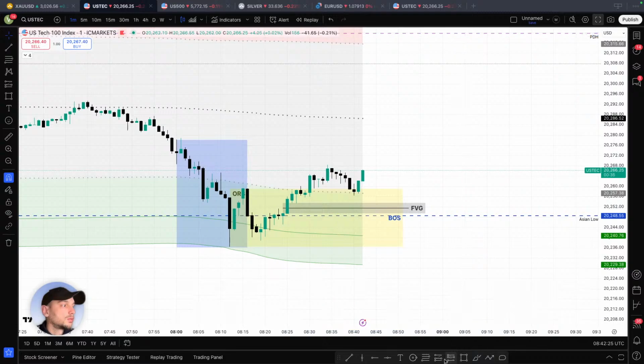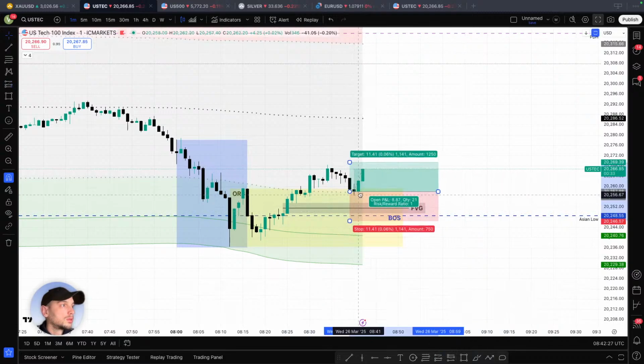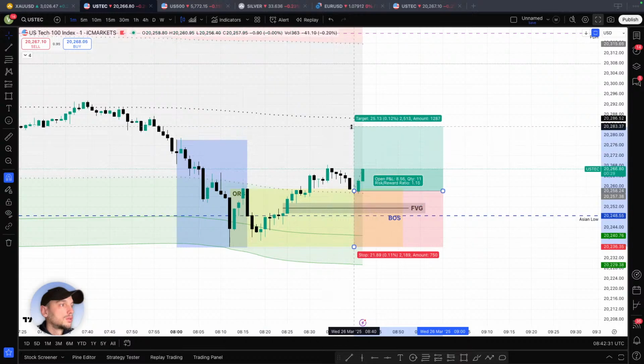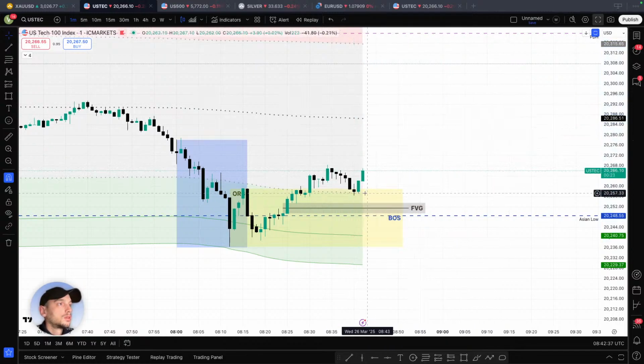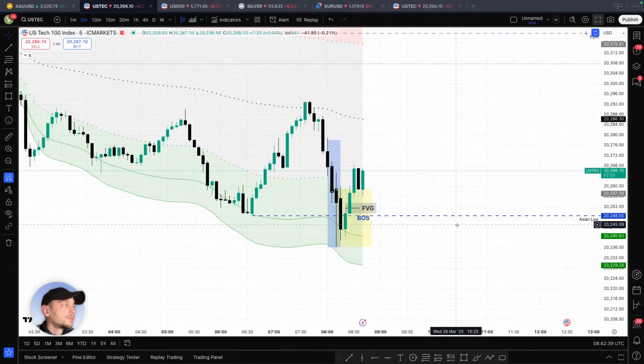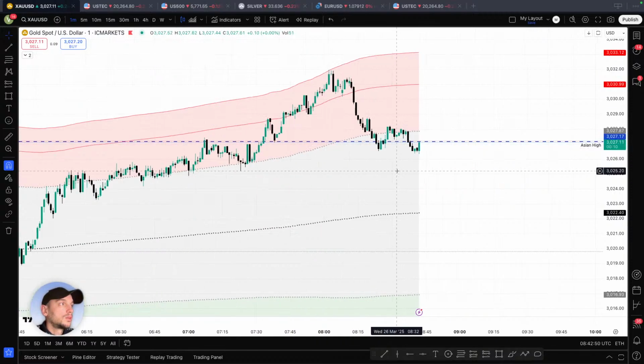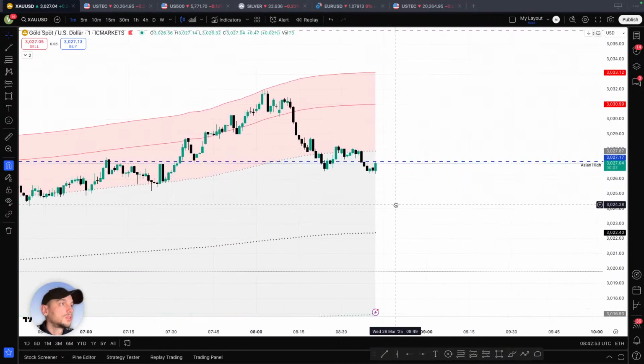So we might miss this one. Not ideal. That looks better. But still, the 5-minute ORB is in play, so still waiting to see. Gold is doing nasty business.